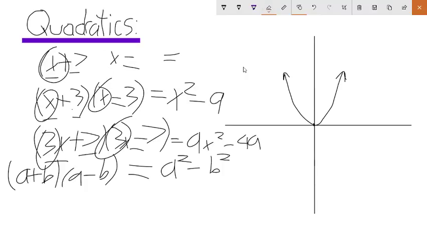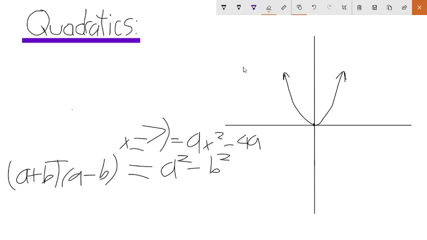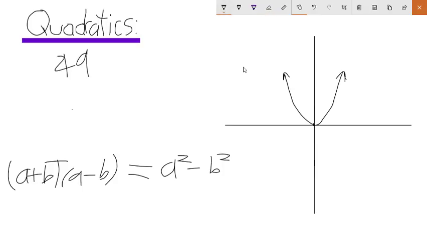Let's say we have a more complicated term than just x, or a and b. Let's say we have 49x squared minus, because right here this is a minus, let's find another square, 81.